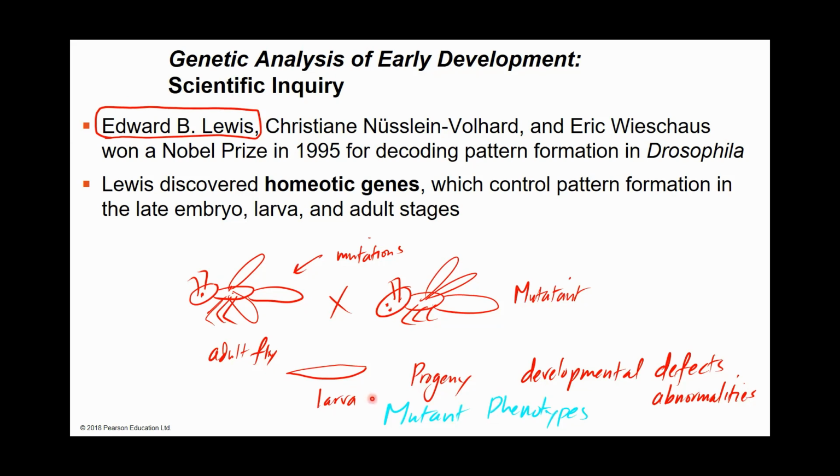Which means after mating and after the development of the progeny into adults, the progeny produced from mating mutant flies might have some mutant phenotypes, where they might be missing some parts, or they might have some parts in incorrect places.